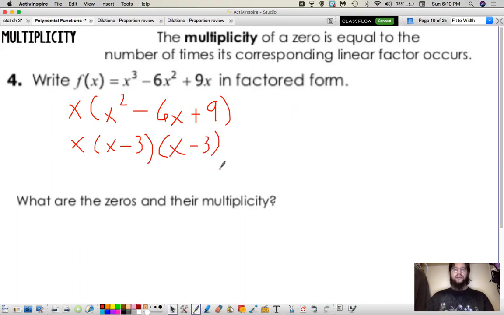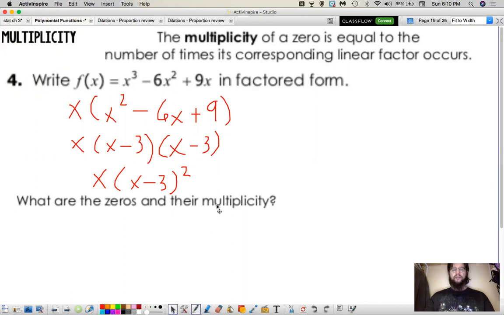Okay. So as you see, we have x minus 3 twice. So that means I can rewrite this as x times x minus 3 squared.